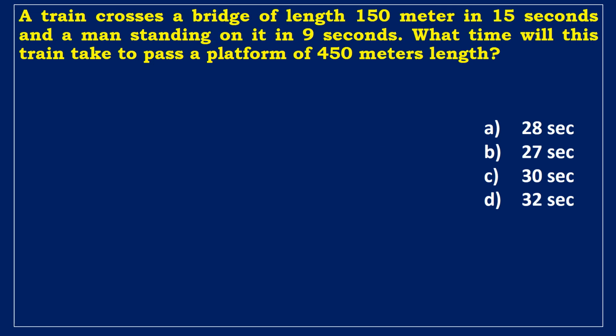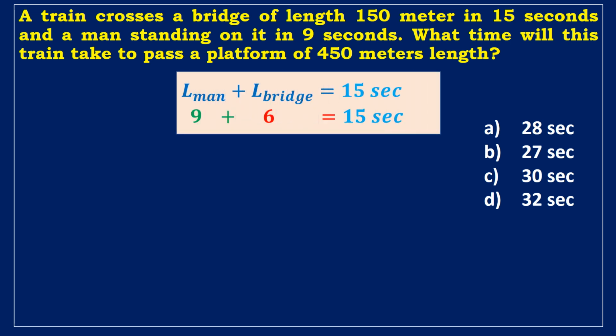A train crosses a bridge of length 150 meters in 15 seconds and a man standing on it in 9 seconds. What time will this train take to pass a platform of 450 meters in length? According to the given data, it takes 15 seconds to travel the man and a bridge. If the train crosses a man in 9 seconds, then it will cross the bridge in 6 seconds.